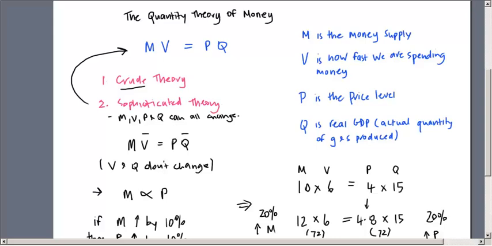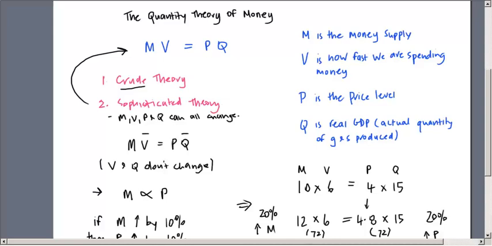And so if we accept that all those 4 elements can change, which is much more sensible really when you think about it, in an economy in a year the quantity of money, the speed at which we spend it, the price level and the quantity are all going to be slightly variable over the period of a year.